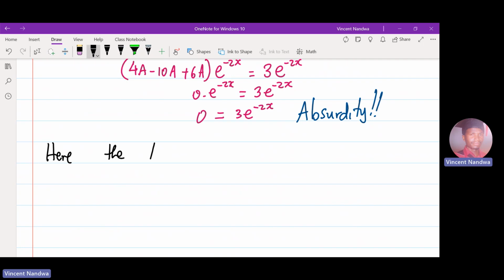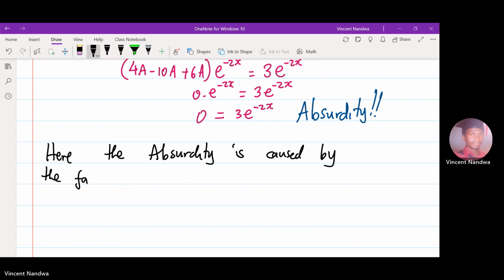So here, the absurdity is caused because e raised power minus 2x is in YH.